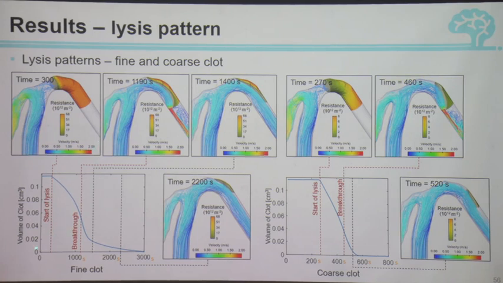Here we plot the volume of the clot as a function of time as the clots degrade. Here is the start of the lysis, and then there is a rapid reduction. This shows how the clot volume reduces as a function of time, and this is where the breakthrough takes place.